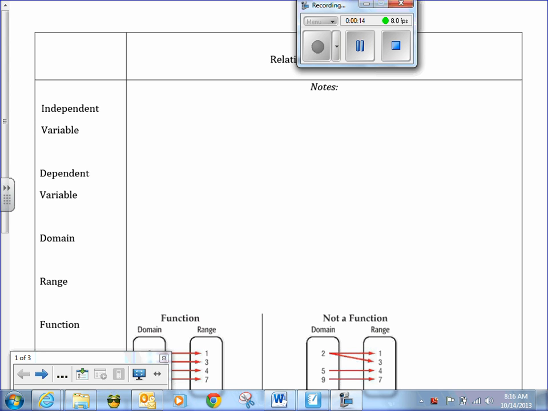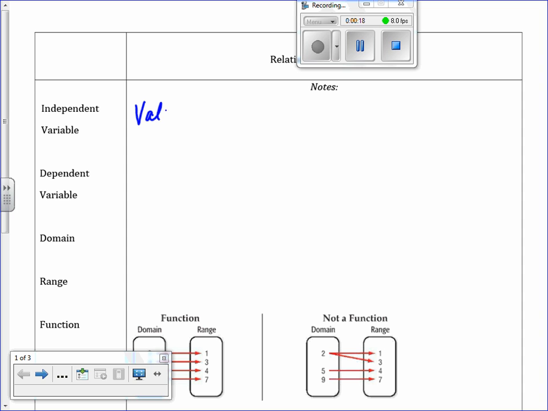Independent variable. The values of the independent variable, we call them independent because we choose those values. Those values are chosen, and they don't depend upon the other variable.